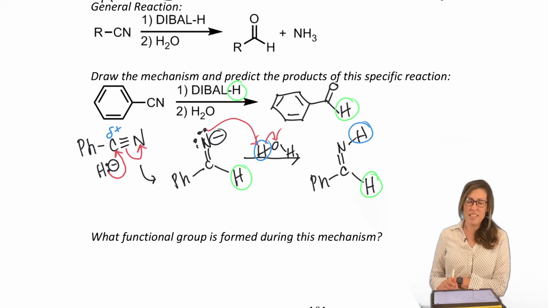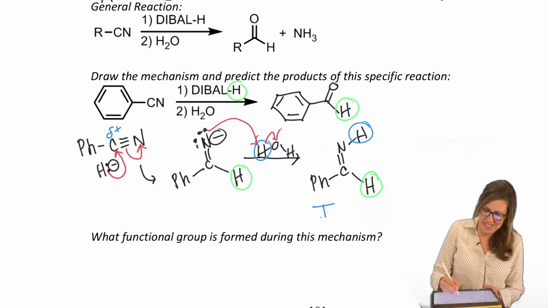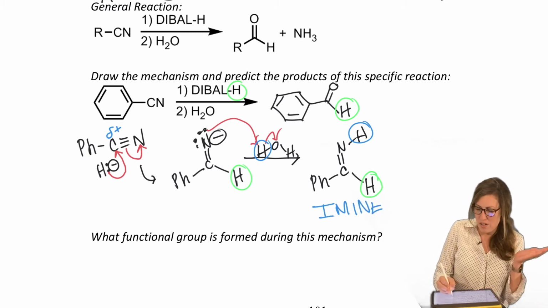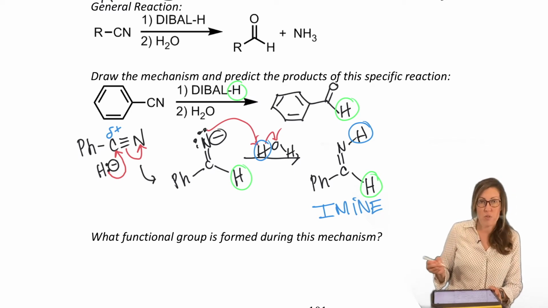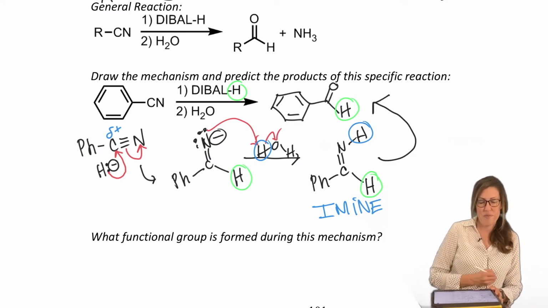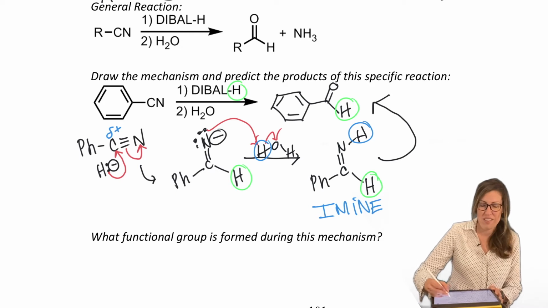It's not alkene, it's C double bond N. Something we know. Imine, right? Okay, now we're in familiar territory. If you would like, you may attach the mechanism here, but we know how to get an imine to an aldehyde. That's the imine hydrolysis.